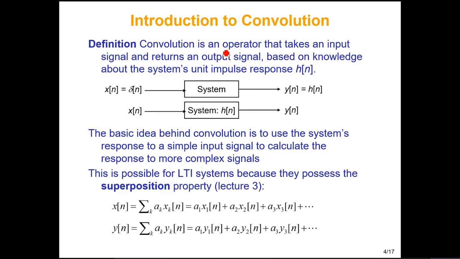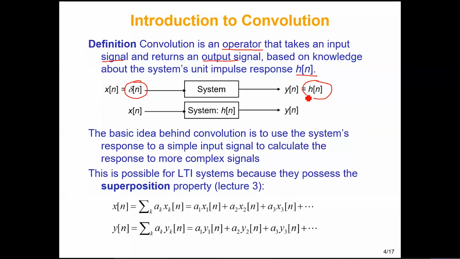Convolution is an operator that takes an input signal and returns an output signal based on knowledge of the system's impulse response h of n. And the system impulse response is basically the output the system gives once we give an impulse to it. If a unit impulse is given as an input, the output that comes is your unit impulse response, or simply put, impulse response.